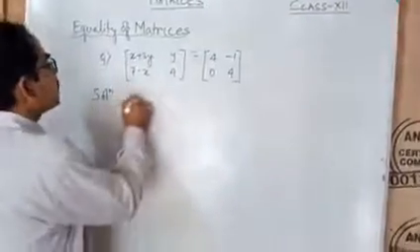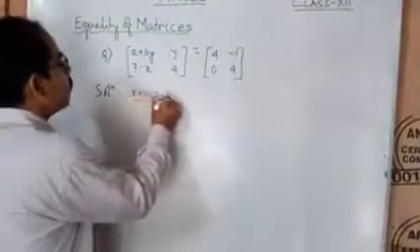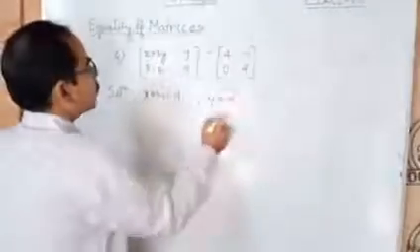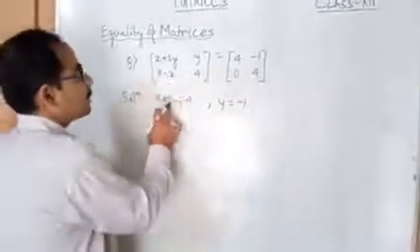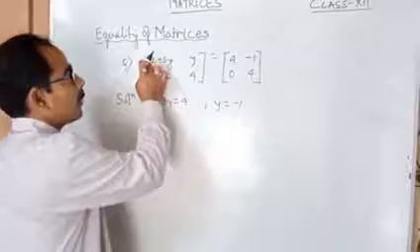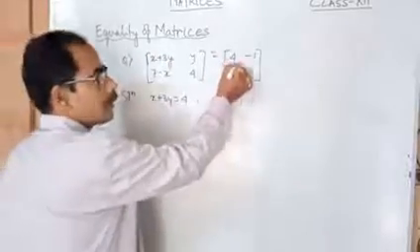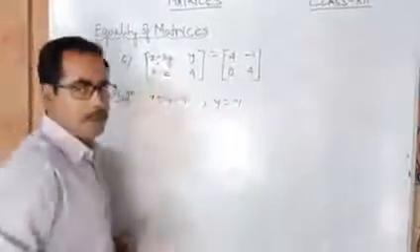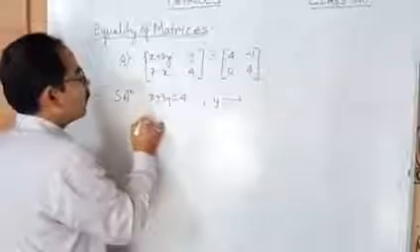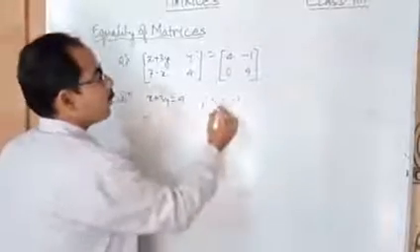That means x plus 3y equals 4 and y equals minus 1. Why x plus 3y equals 4? Because this is the position of a11 and this is also the position of a11, so both the positions' elements will be equated. From here, y equals minus 1.